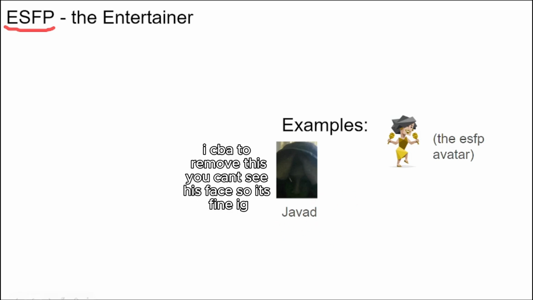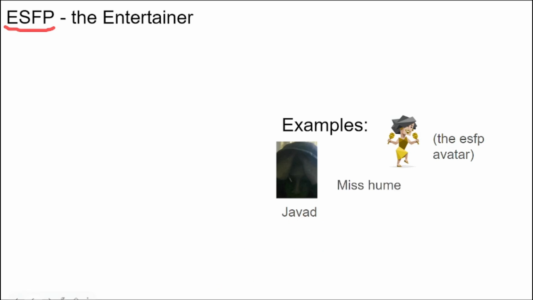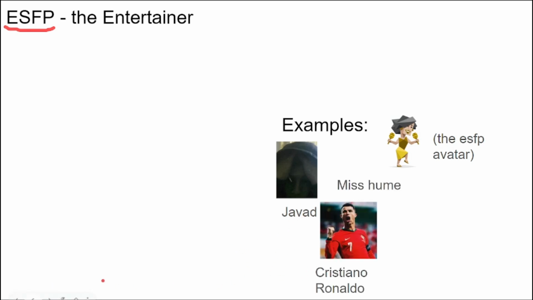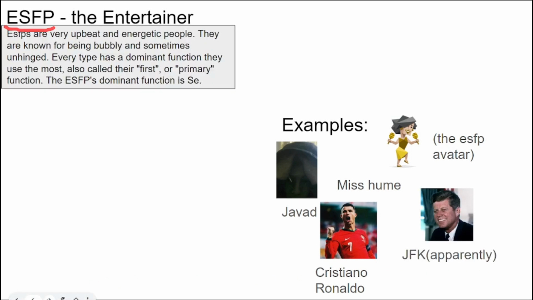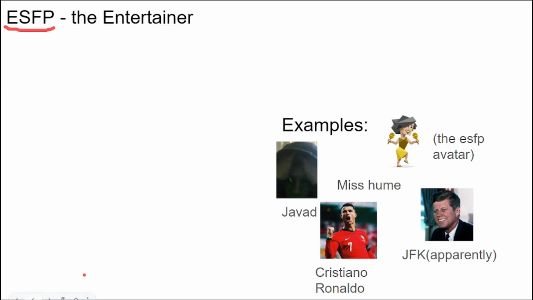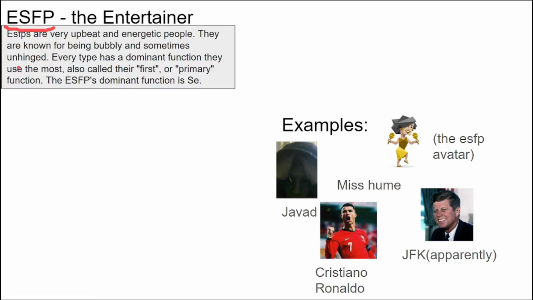Miss Hume, I guess, is an example. Cristiano Ronaldo, JFK apparently. He doesn't seem like one, but apparently he is. I've included some examples for each one, so you can get an idea of what they're like.